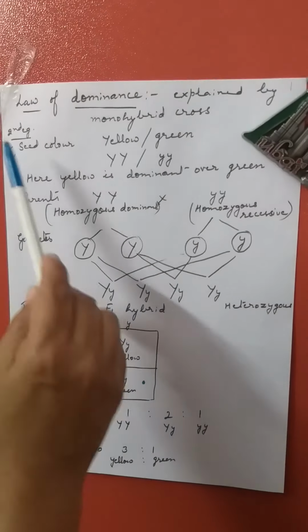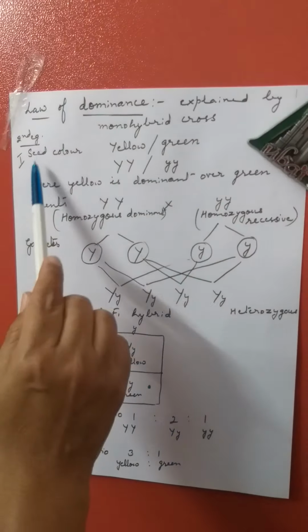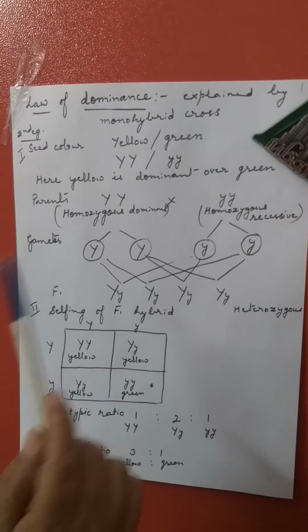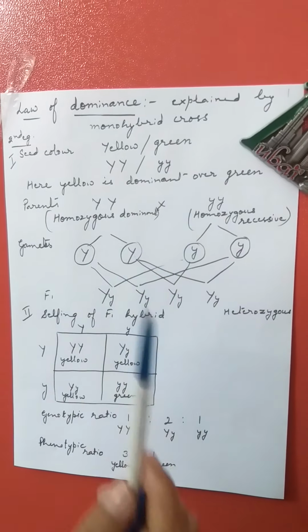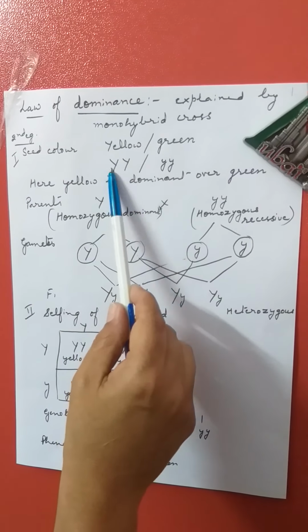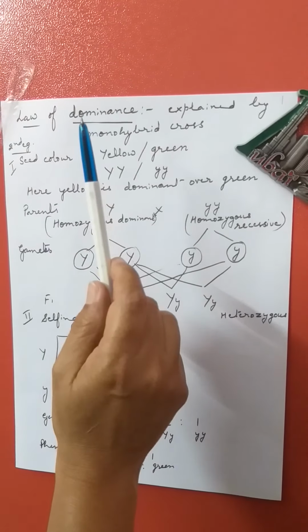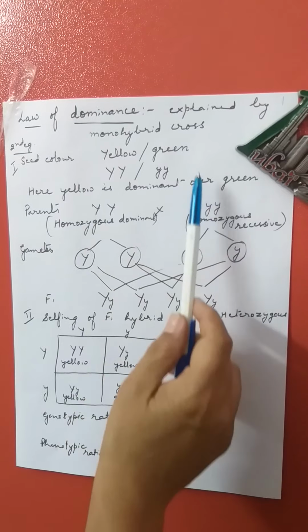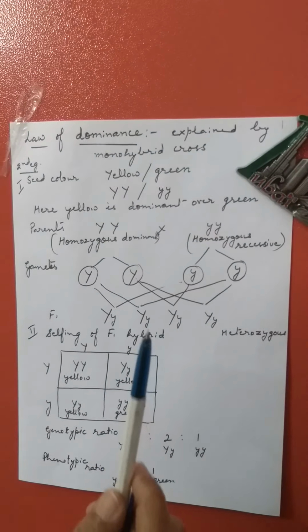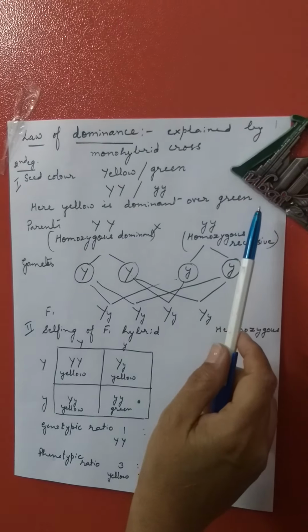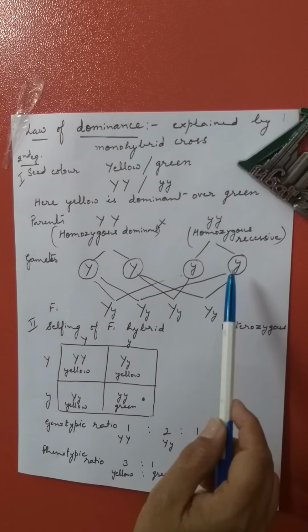Now I am taking another example, the seed color, yellow versus green. Mind it, yellow is dominant over green. We are using the symbol of the yellow. As yellow is dominant over green, we are not using small g here. We are using small y here.